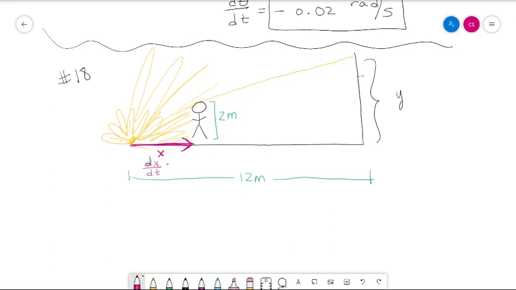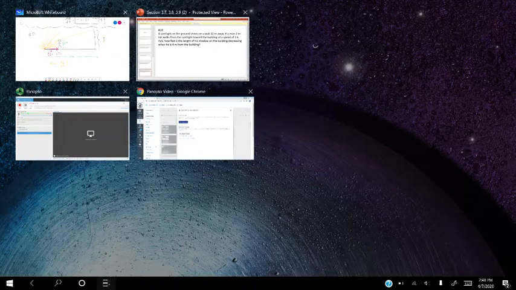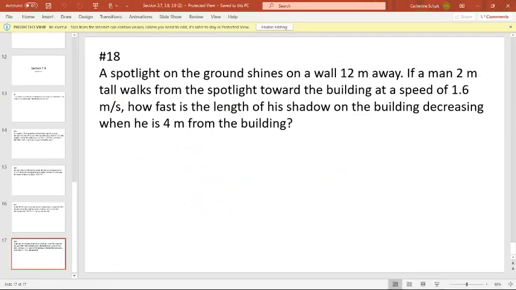It's the change in distance, is 1.6 meters per second. Okay, so there's our scenario. What do we want to find out? We want to find how fast the shadow is decreasing. So dy/dt, the rate of change of this distance, y. When, what? I forgot. How fast is the length of his shadow decreasing when he is 4 meters from the building?